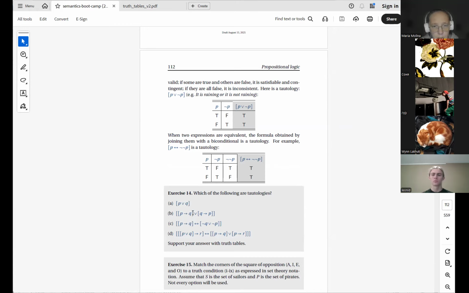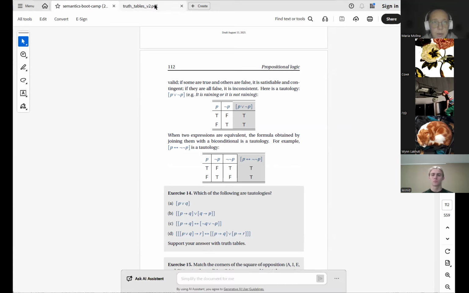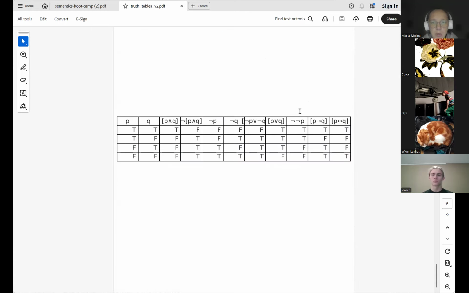Now, what about P to Q and Q to P? We are looking at the table, in which case Q to P would be false.